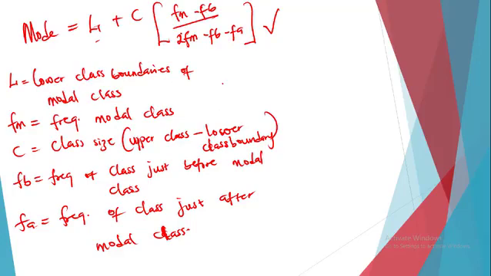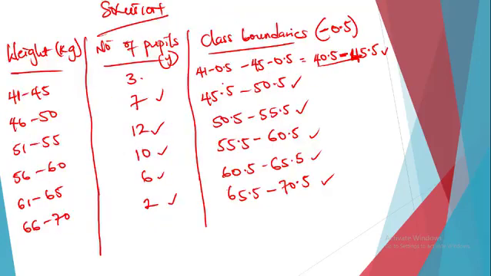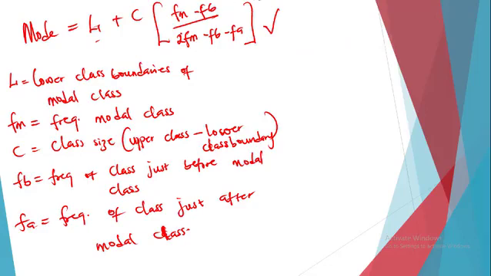Now, from the question that we solved, our L1 is what? Lower class boundary of modal class. Is that correct? Now, from this table, common sense will tell you that 12 has the highest frequency. Is that correct? So this is the lower class boundary. So our L1 is equal to 50.5.